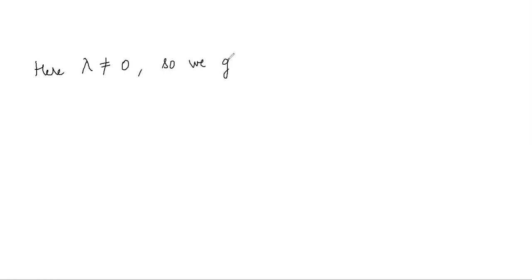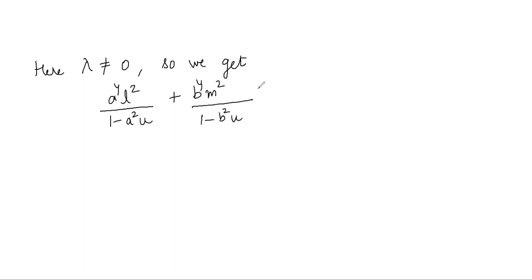So we get a raised to power 4 L square over 1 minus a square u plus b raised to power 4 m square over 1 minus b square u plus c raised to power 4 n square over 1 minus c square u equal to 0.